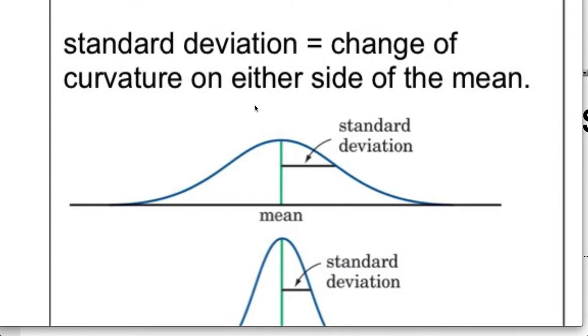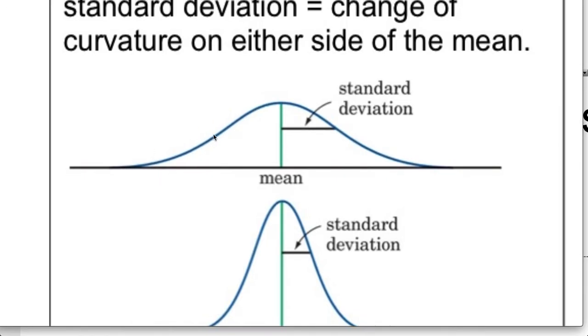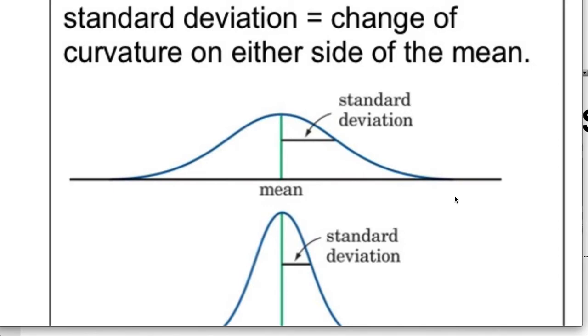The standard deviation of a data set can be seen where there's a change in curvature on either side of the mean. There are a couple of examples here, and it's hard to be exact, but the point of a normal curve is to make estimations and approximations about data. It is not to state exact stats or come up with exact answers, but it's a way to summarize and approximate data.